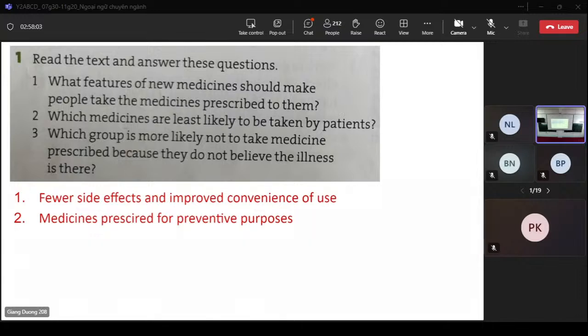The answer appears in the points. There are 5 points. So which group of patients? Cái nhóm bệnh nhân nào? Young or old?